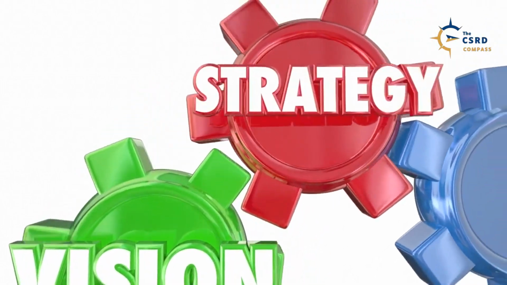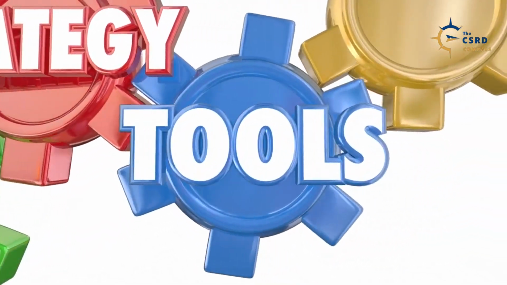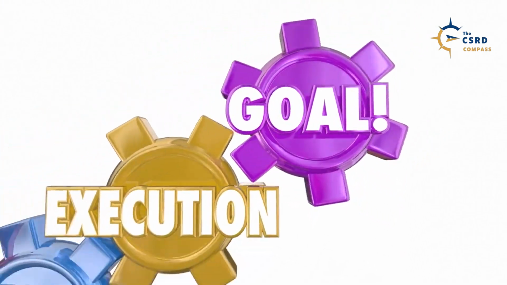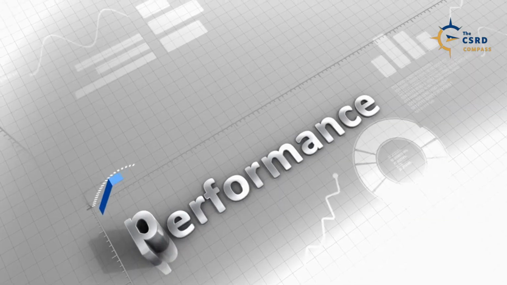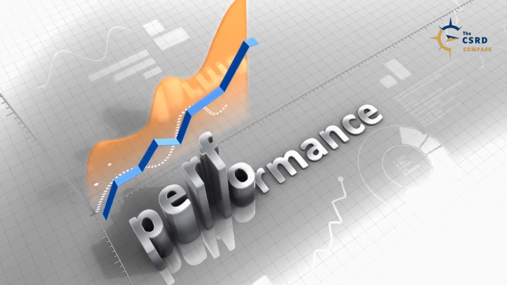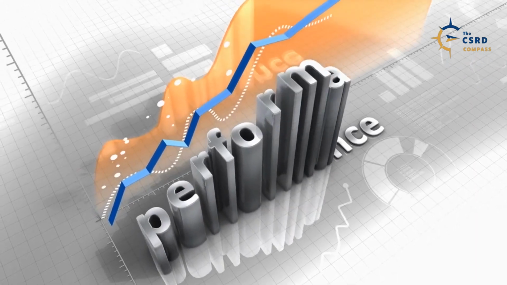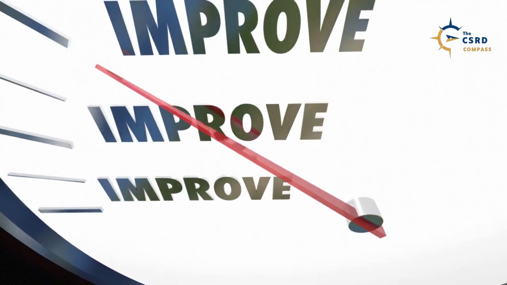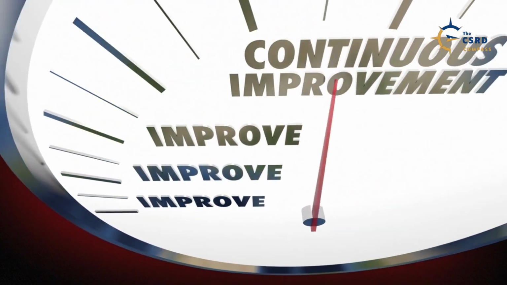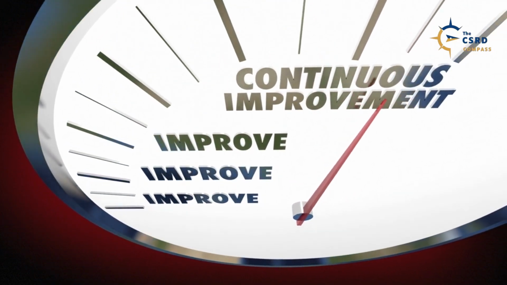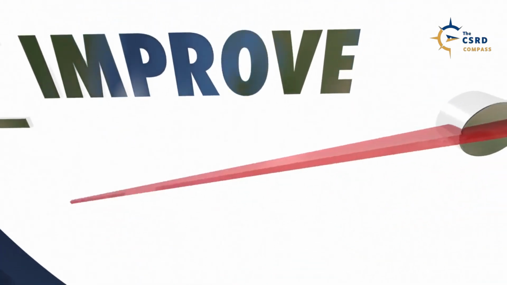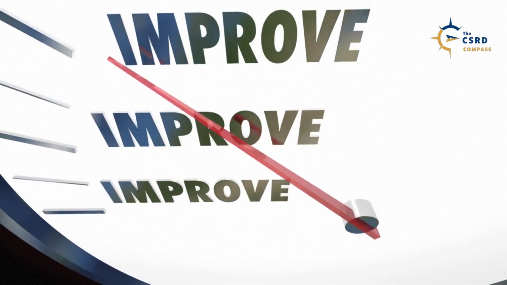Monitor and measure ESG performance. Report on ESG performance. By following these steps, organizations can effectively manage ESG risks, improve their environmental and social impact, and enhance their long-term sustainability and viability.